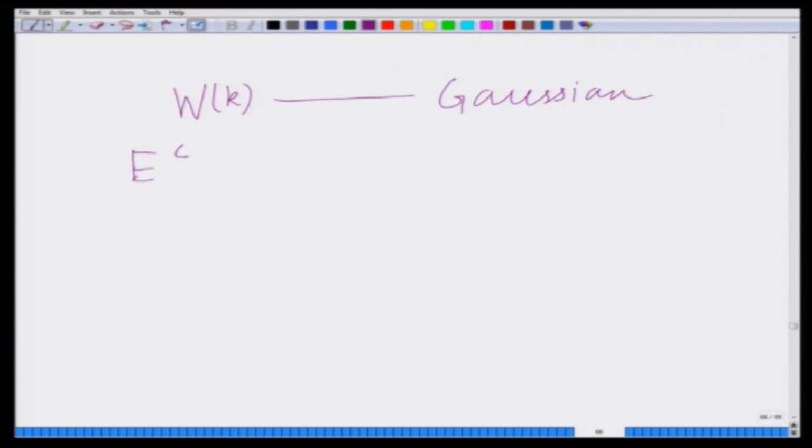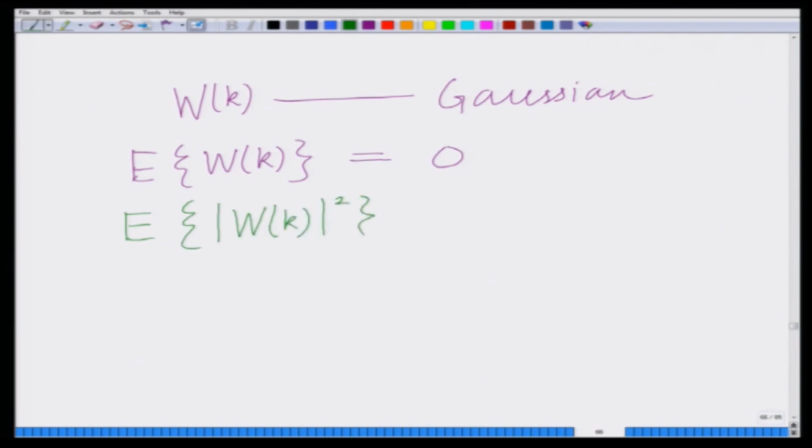the expected value of W_k equals 0, and the variance of the noise, that is the expected value of magnitude W_k square, is equal to n sigma square.